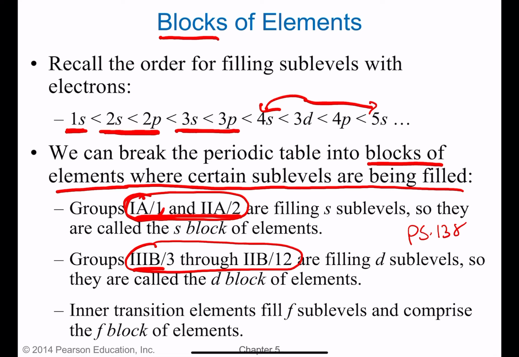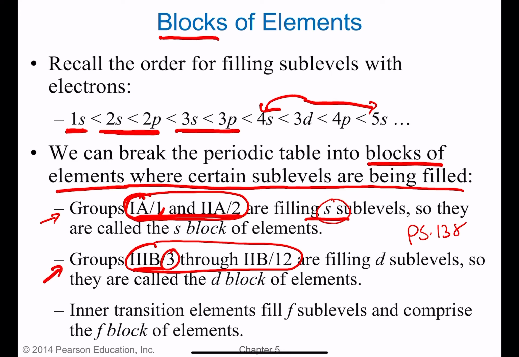But regardless, those first 2 groups, this is just the first 2 columns, they're filling the S. So when those elements need to find a home for their electrons, they end up putting them in S. More specifically, it's the outermost electrons they're putting in the S. And then the next one, this grouping, it says 3B/3.